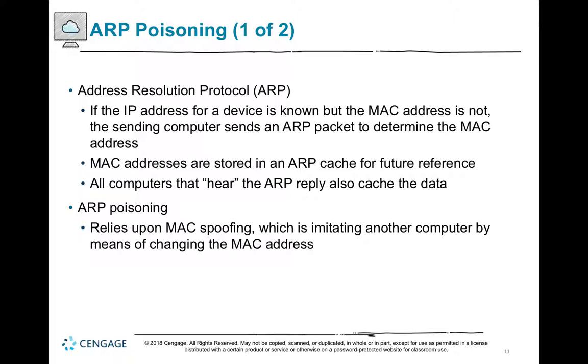So computer A sends an ARP request to the broadcast address, so all computers see it. The ARP request says, who has 192.168.1.2? Tell 192.168.1.1. Whichever computer on the network has that IP address will respond.